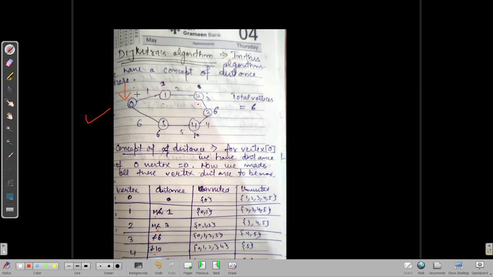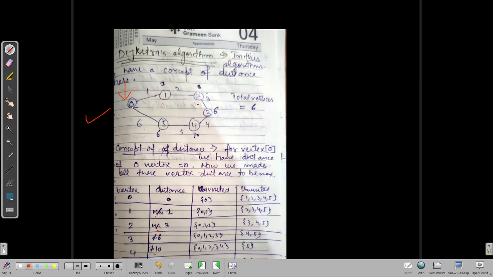But we are present at 0. So for 0 we do not have to cover any distance. It is 0 because we are at 0.